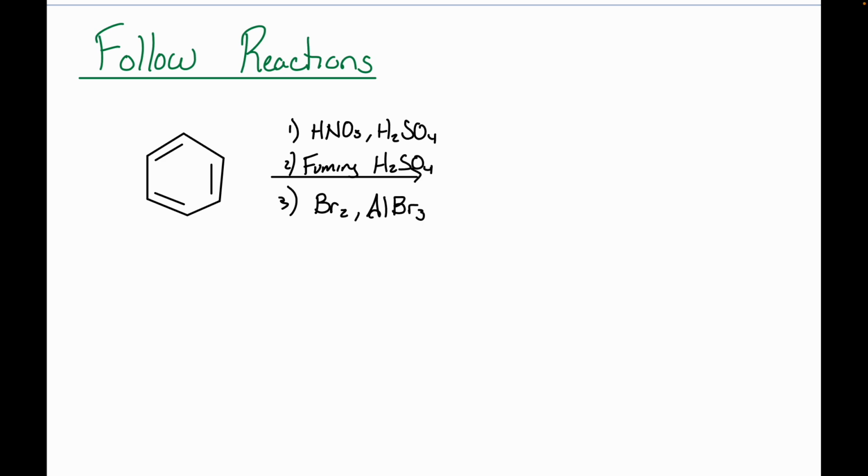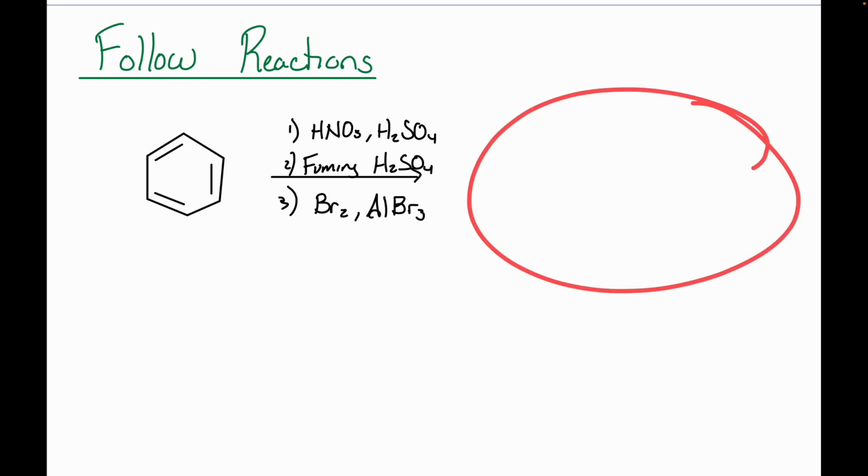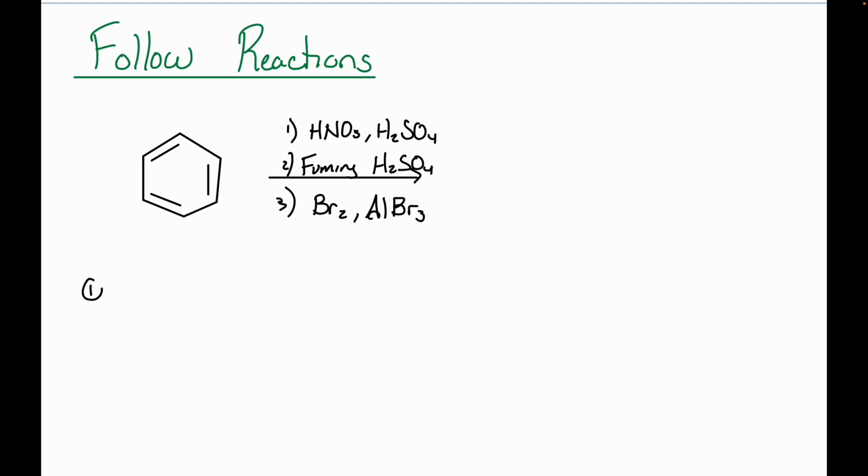And what we're going to do is simply follow what happens at each one of these steps here. So in order to get what my product is, we want to think first what happens after that first step. What am I left with? What do we put on that ring with nitric acid and sulfuric acid? A nitro group.